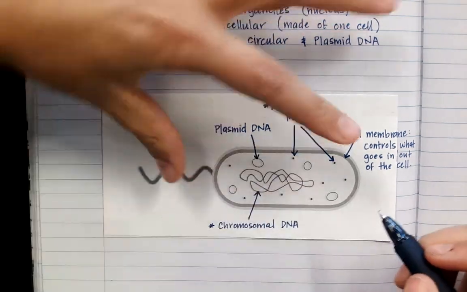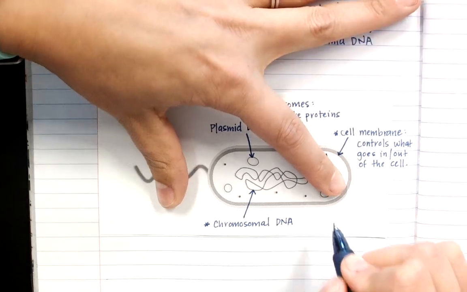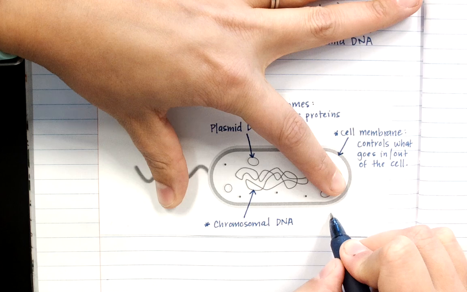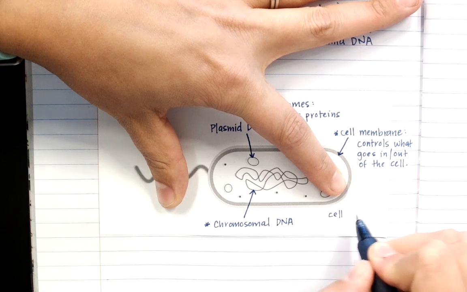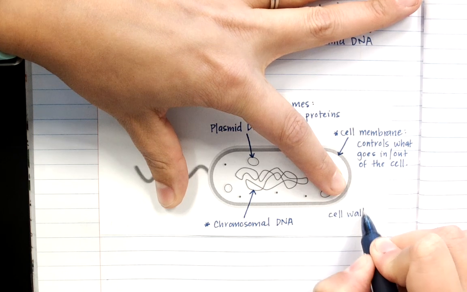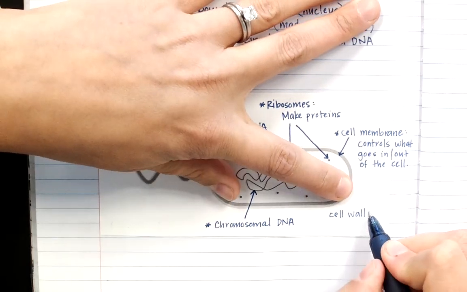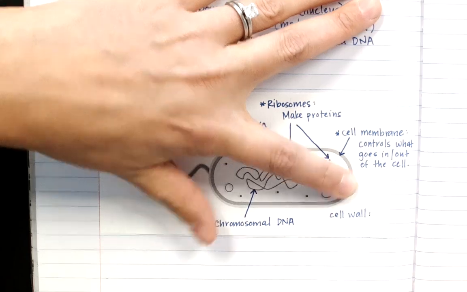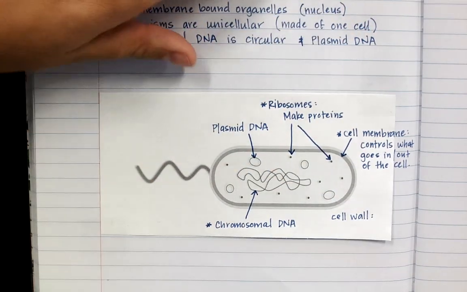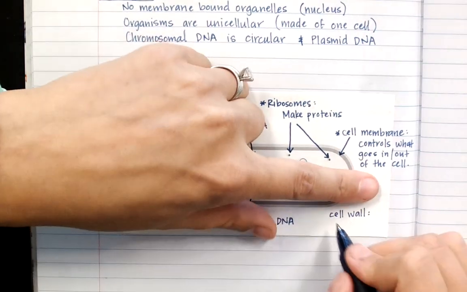All right, let's take care of this other outer layer. It is the cell wall. Not all things have a cell wall. So the cell wall, its job is to provide structure and support to the cell.